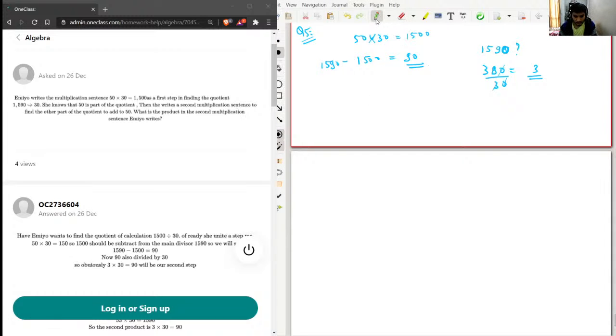Yep, so 90 can be written as 30 into 3, and the first statement was 50 into 30.